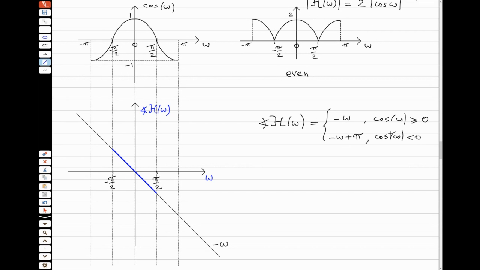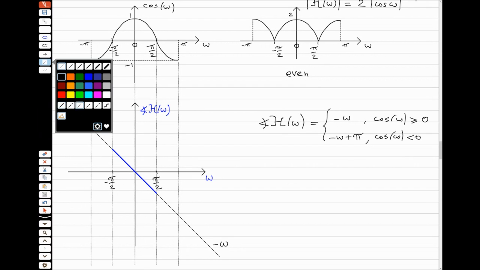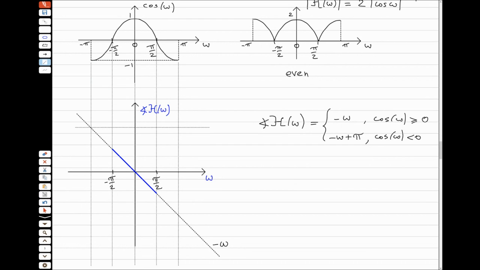What about this part? This part requires that we plot a different curve, which is this one plus pi. So this is minus pi, so this is pi.